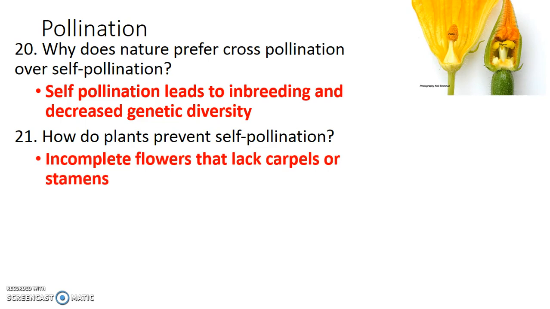If you have a male plant, a plant that produces incomplete flowers with just stamens on them, none of those flowers can fertilize themselves. That pollen has to be transferred to a female plant, or a plant that produces flowers with only carpels. That ensures that any pollination that takes place would be cross-pollination, not self-pollination. Squash flowers are an example of this.